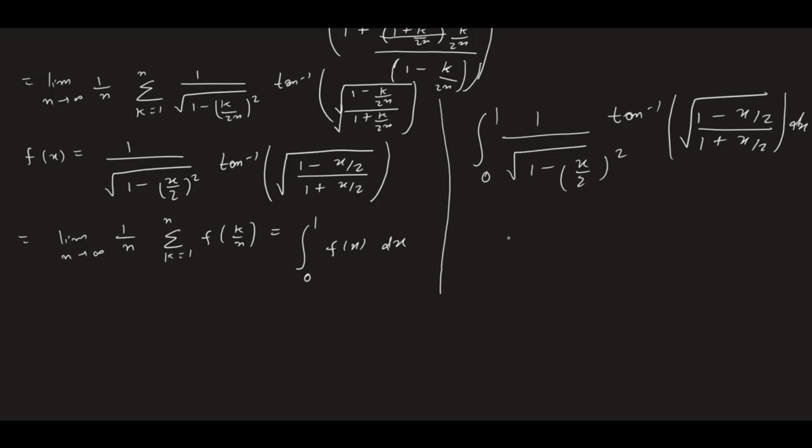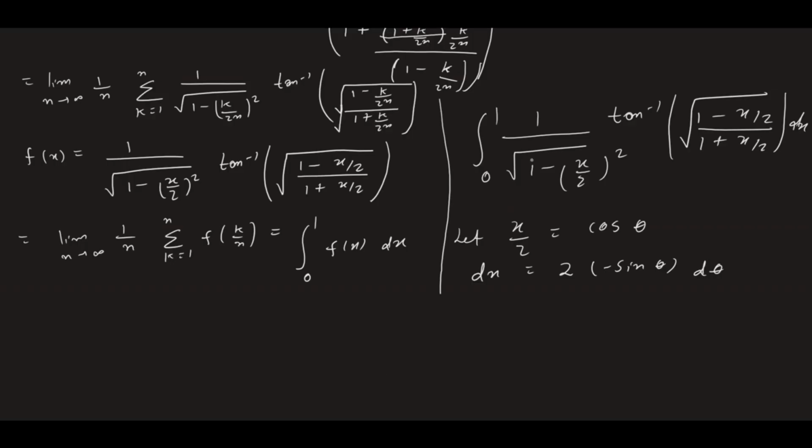Here, if I let x by 2 equal to cos theta, then dx will be minus 2 sin theta d theta.